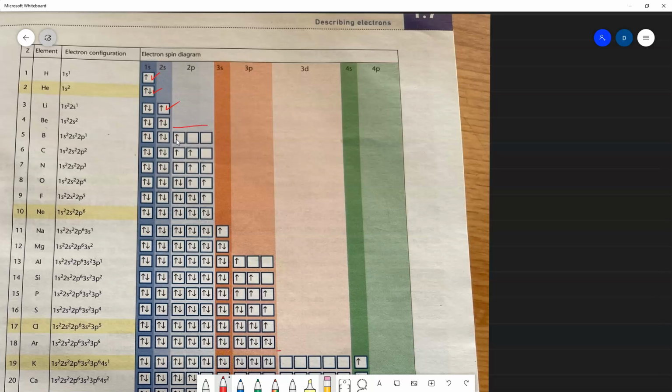If you look down here, under 3D you've got 1, 2, 3, 4, 5. Why are there 5 boxes here? Why are there 3 boxes under this 3P, and so on? Why is there only one box in this 3S? So you already know these things.